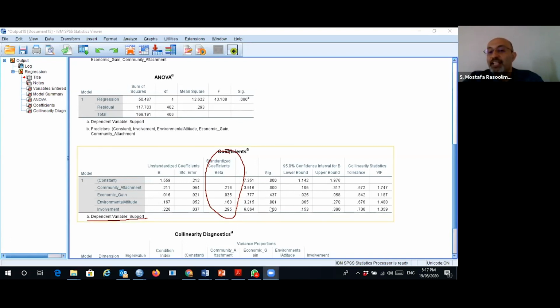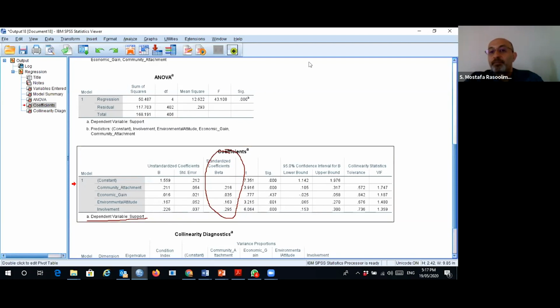Now, here you have t-value and p-value for these 4 betas. The t-values are 0.91, 0.77 for the second one, 3.2, and 6.064. These three t-values are higher than 1.96, right?